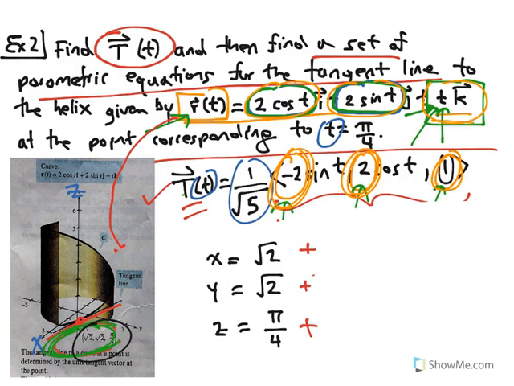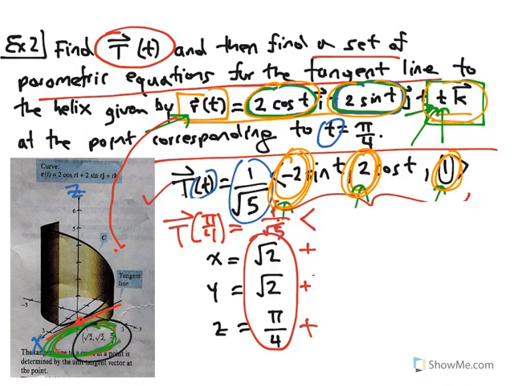First of all, I would like to make a correction as far as the direction numbers go. You would have to evaluate your unit tangent vector at the particular value of t that gives you your point of tangency. And that particular value is, of course, pi over 4. So when you do that, you get 1 over square root of 5.